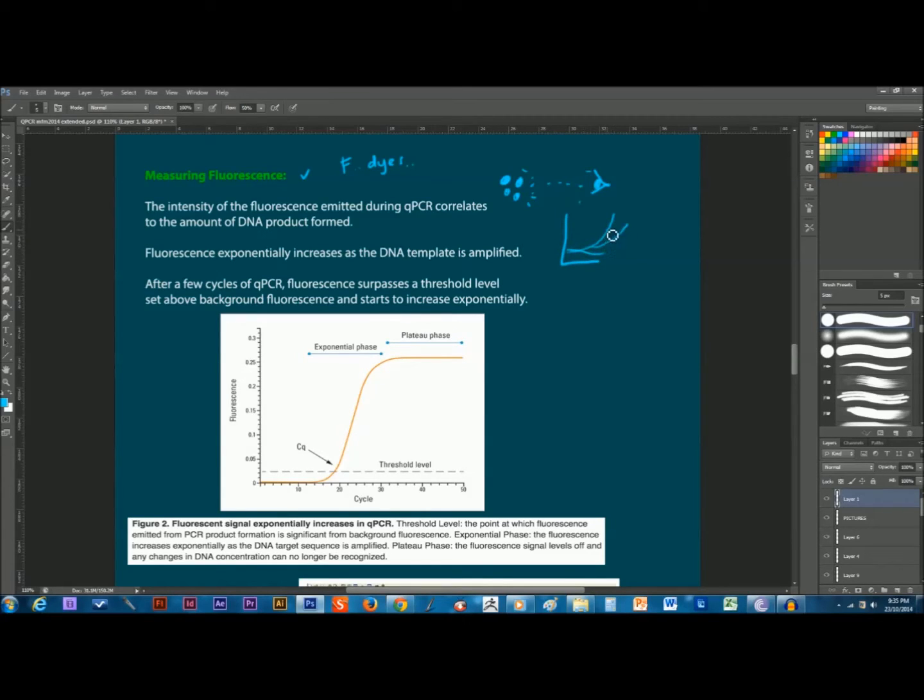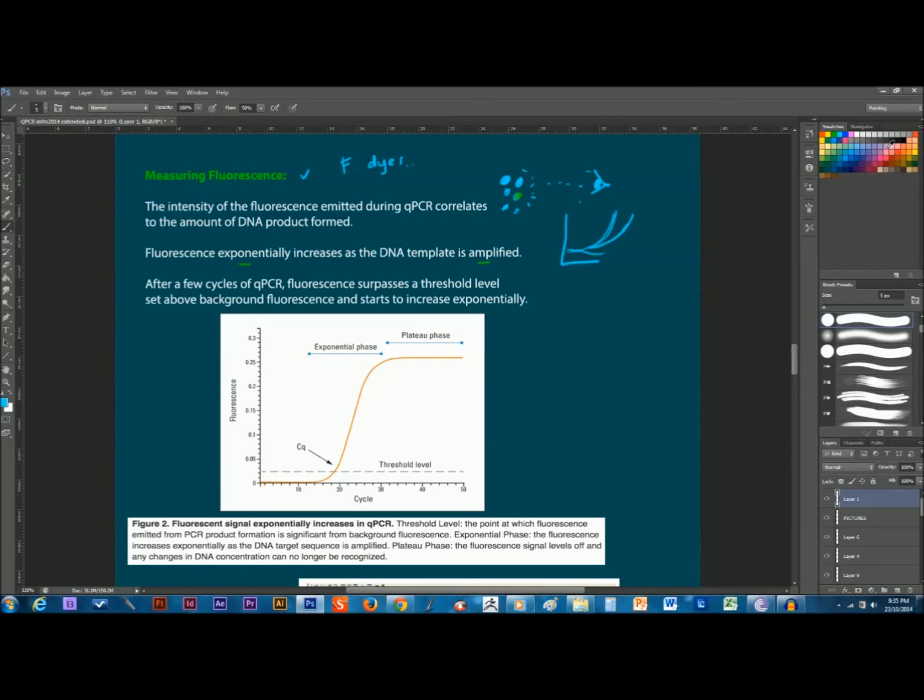So, measuring fluorescence: the intensity of the fluorescence emitted during qPCR correlates to the amount of DNA product formed. So the more DNA product formed, the more intense the fluorescence signal detected by the machine. Fluorescence exponentially increases as the DNA template is amplified.